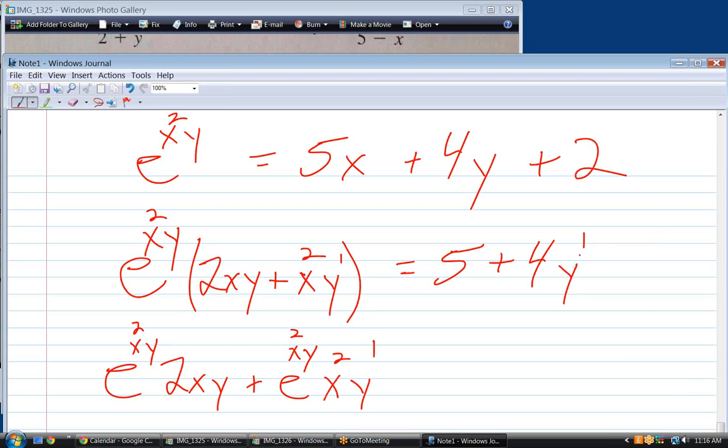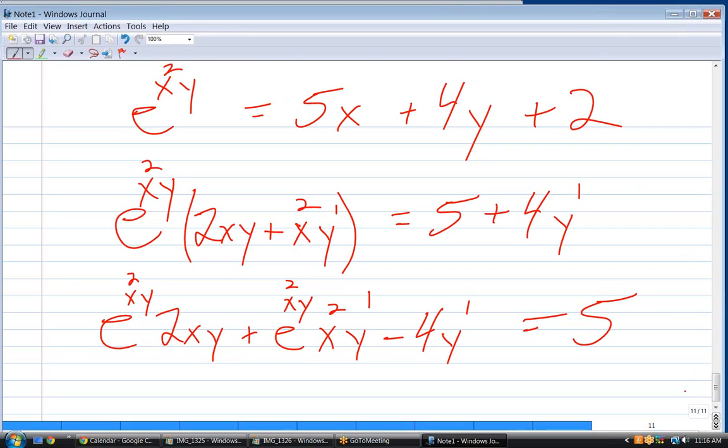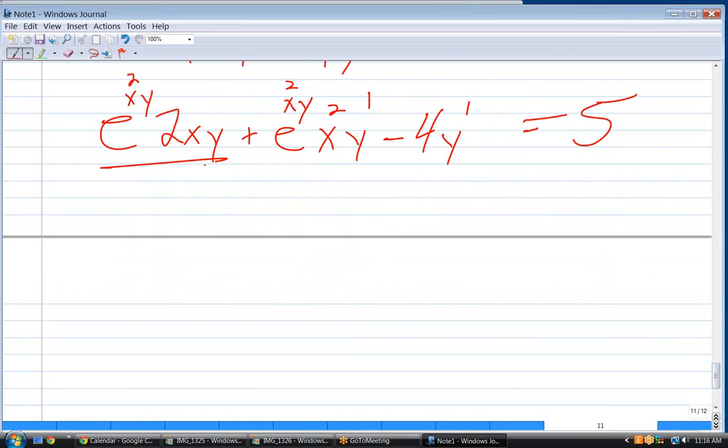Now I'm going to bring this 4y prime to this side. Now I'm going to take that term to the other side, factor out the y prime. Whoops, hold on.